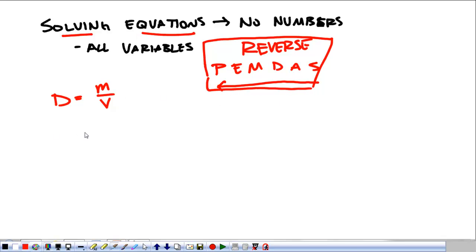This first formula, we're going to take D equals M over V, and the first thing we're going to do is solve for M. Now, what that means is that we want M on top. We want it to be the numerator and by itself.